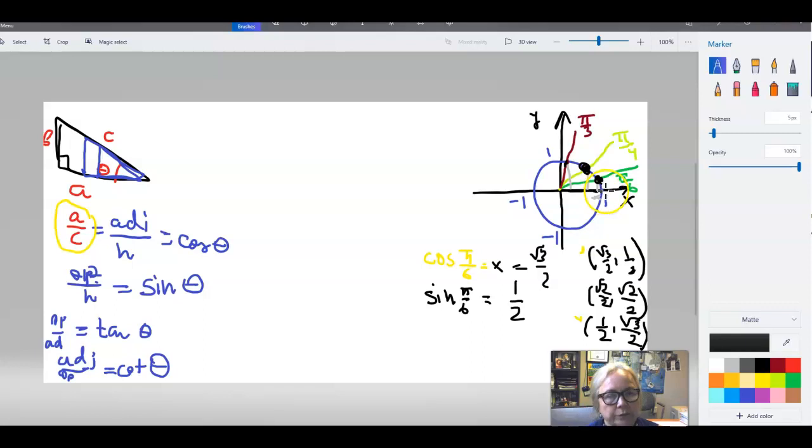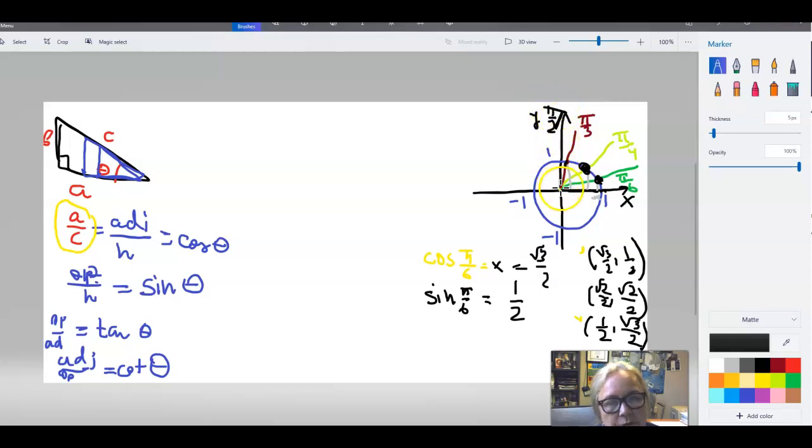You can also apply it to so-called quadrantal angles. Say this is angle 0. As you can see, cosine 0 is 1 because the x coordinate is 1, and sine 0 is 0 because the y coordinate is 0. At the same time, this angle is pi over 2, or 90 degrees.